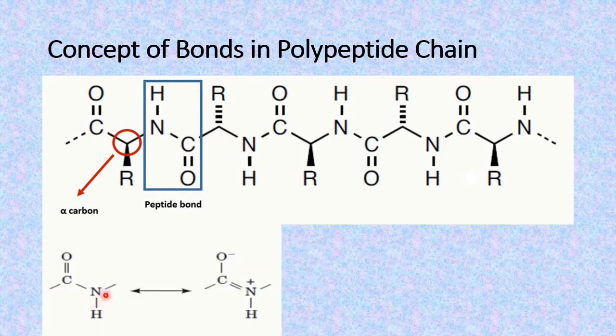Now we know that the nitrogen in a peptide bond has a lone pair of electrons. So the carbon-nitrogen bond assumes a partial double bond character, and thus it becomes more stable.